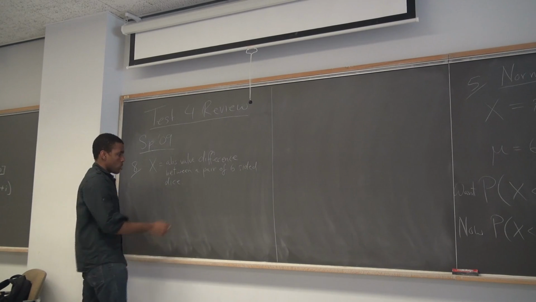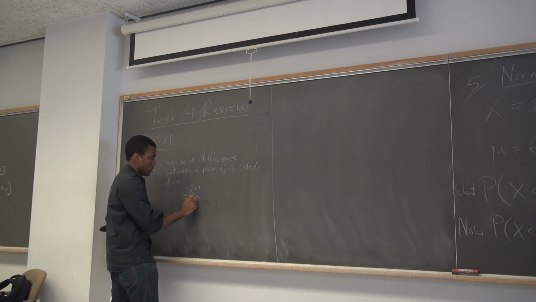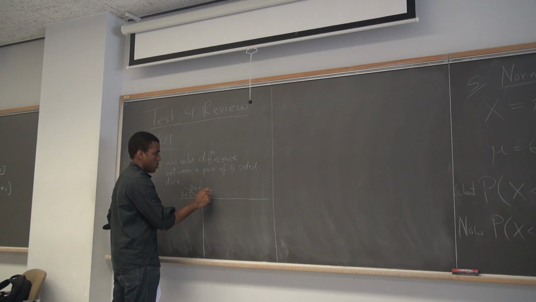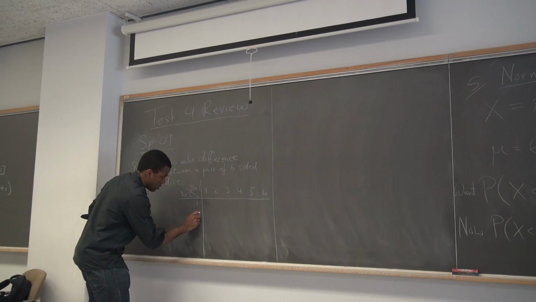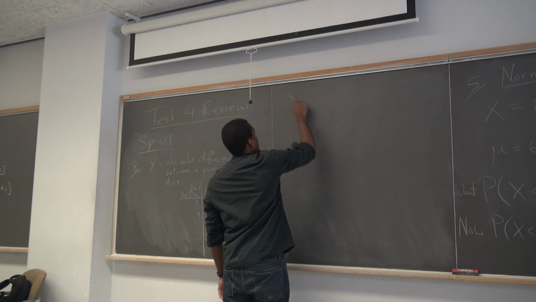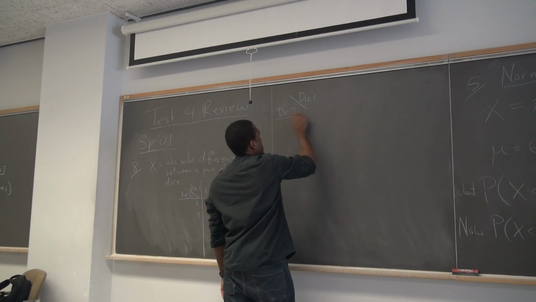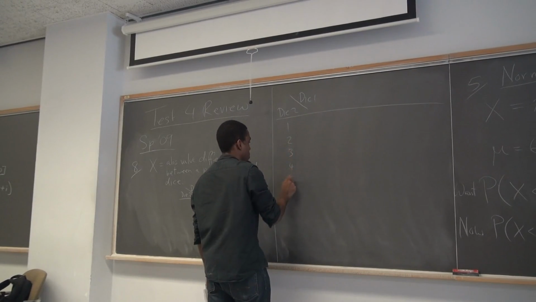Well, you can think about it, or you can draw a table. Remember, like we did, die 1 versus die 2, with 1, 2, 3, 4, 5, 6.